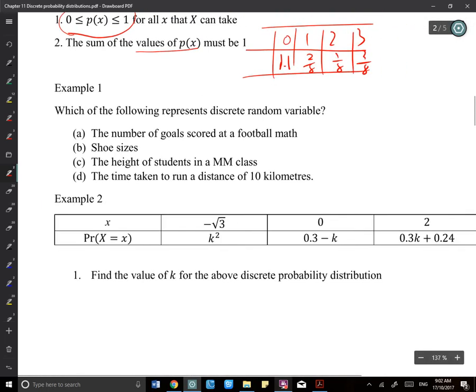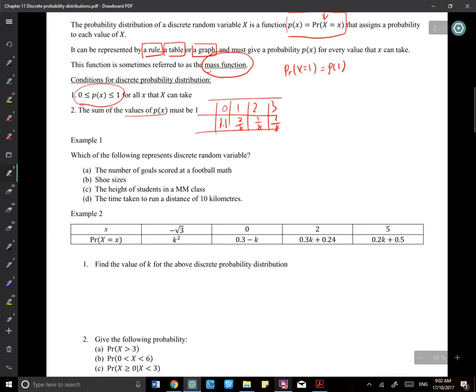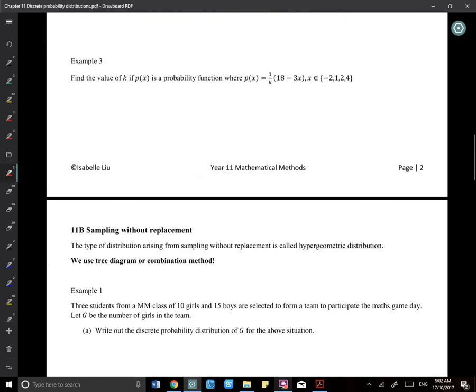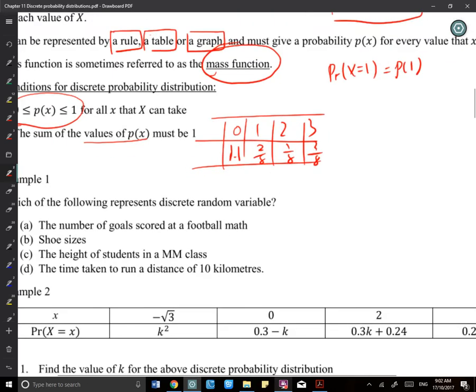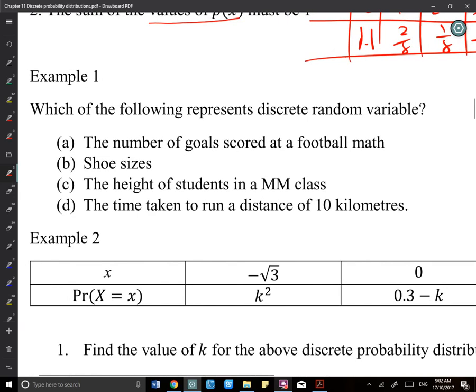Let's have a look at the question below here. Which of the following represents a discrete, going back to discrete and continuous. First of all, the number of goals scored at a football match: what do you think that will be? Continuous or discrete?